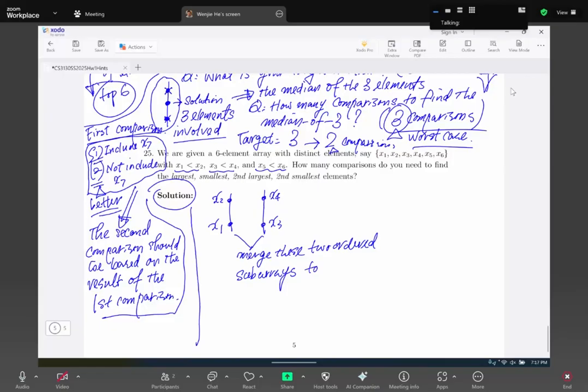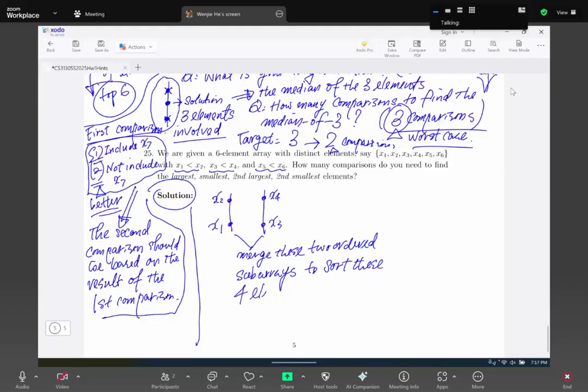To sort. Yeah. So what you're doing basically, to sort these four elements.